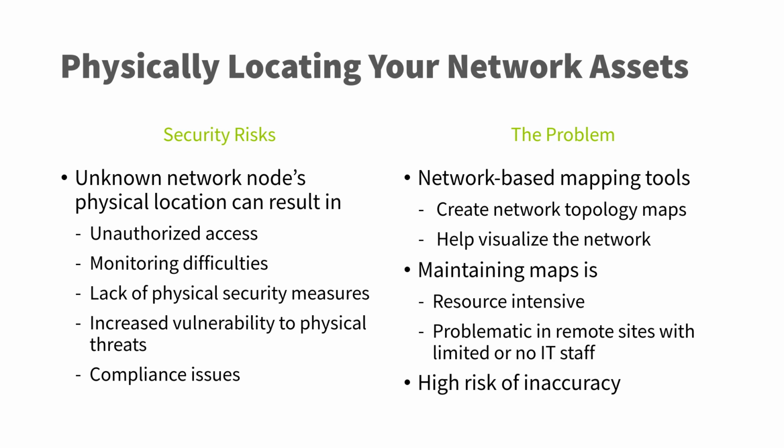From a security perspective, it's almost impossible to protect against unauthorized access if you don't know what devices are out there, the location of the network nodes, and the different devices that are trying to connect to the network. It's really super important to have the physical location because that's all part of how you might want to set up your security policies.